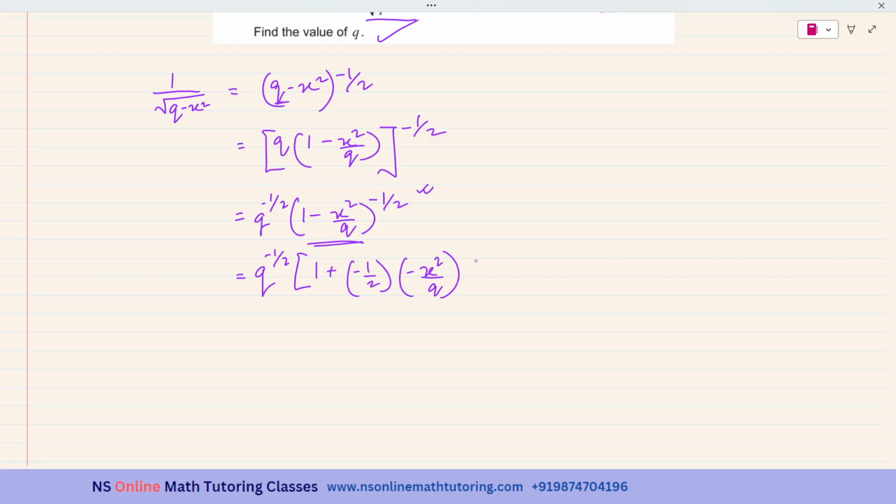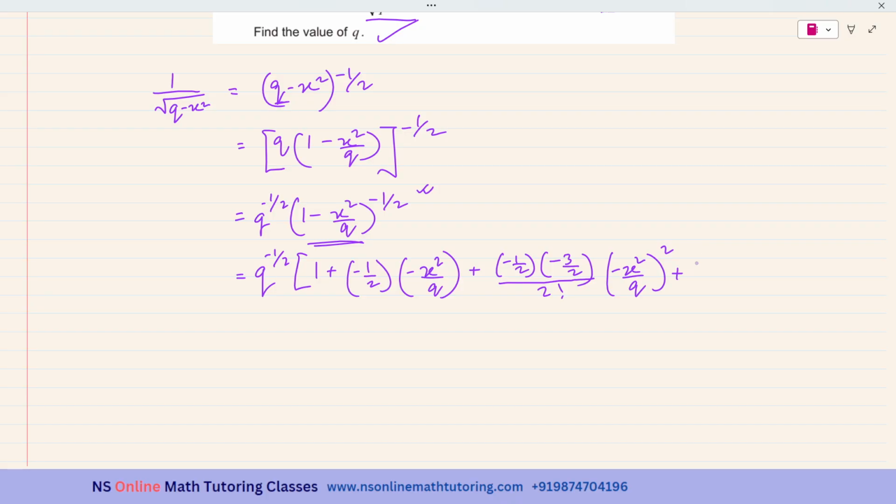We need x to the power of 6. And then plus n times n minus 1, so it is minus half, and minus half minus 1 is minus 3 over 2, over factorial 2, and minus x squared over q whole squared. So we get x to the power of 4.